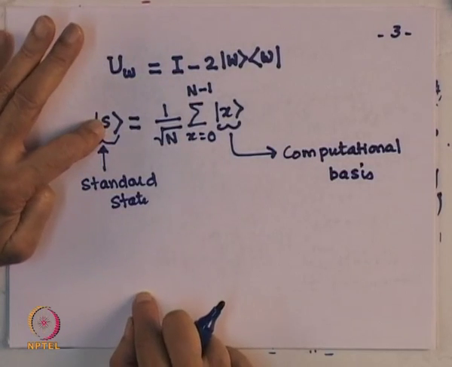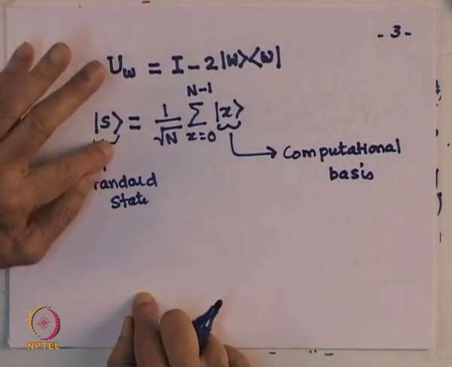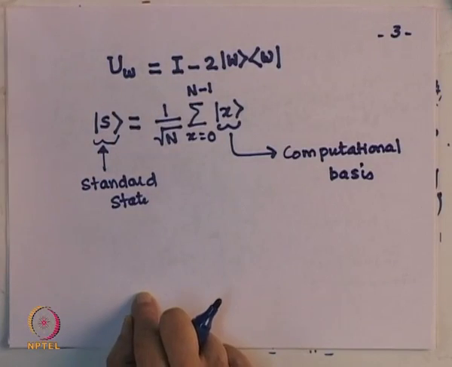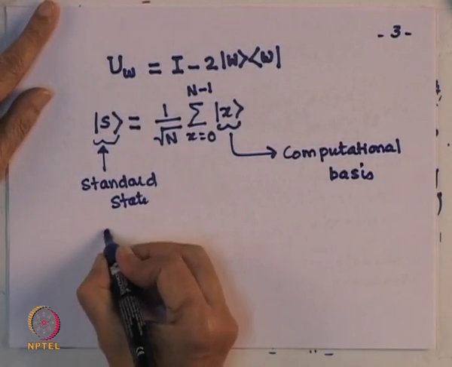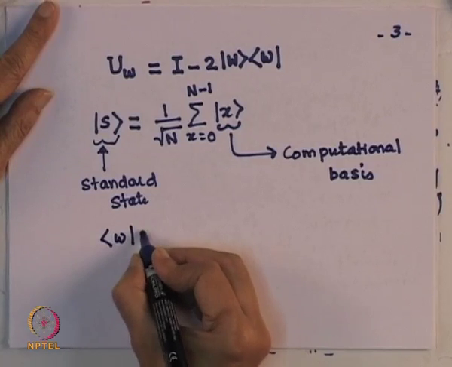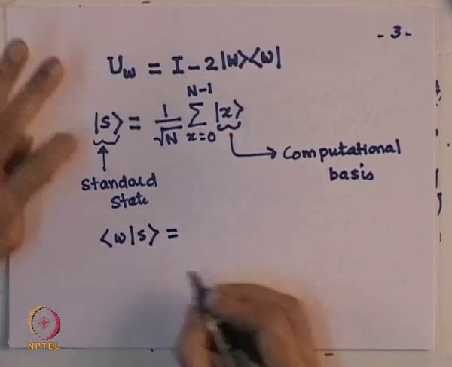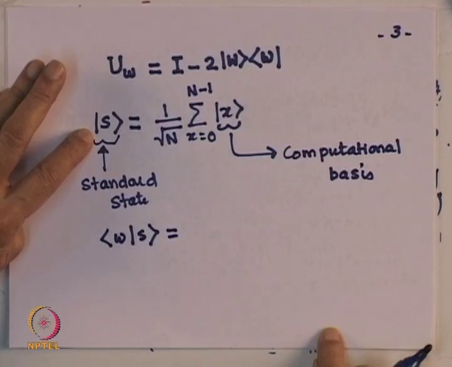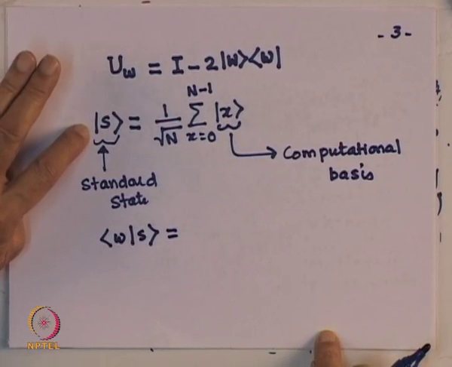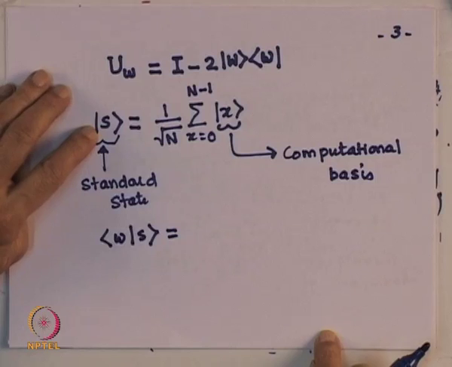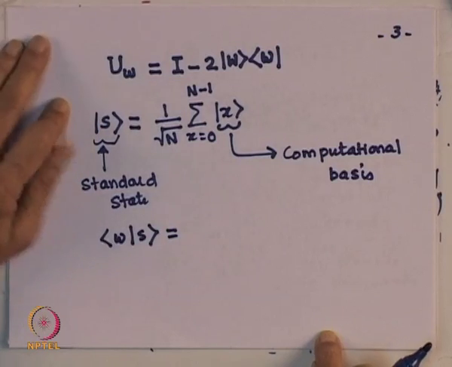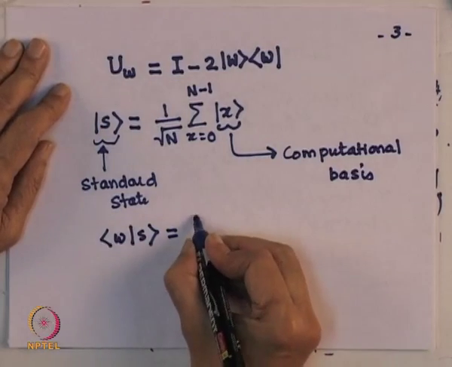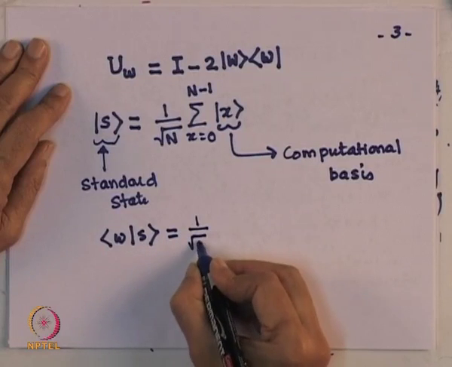By definition, since w is a member of this collection, the scalar product of w with S, remember it's a uniform linear combination, so each one of the members has equal weight, is then 1 over square root of N.